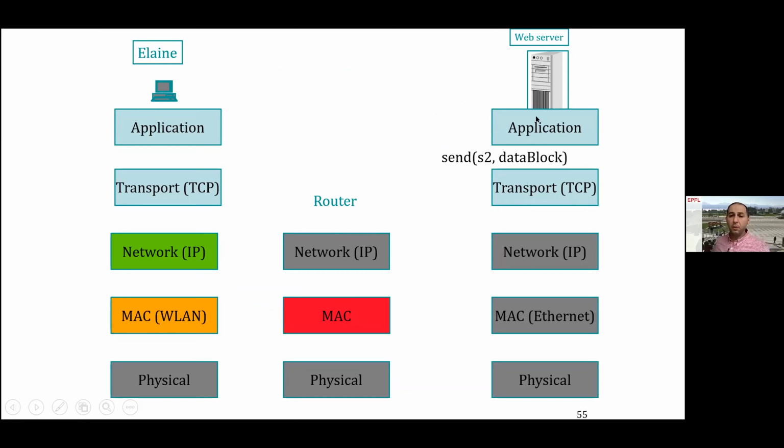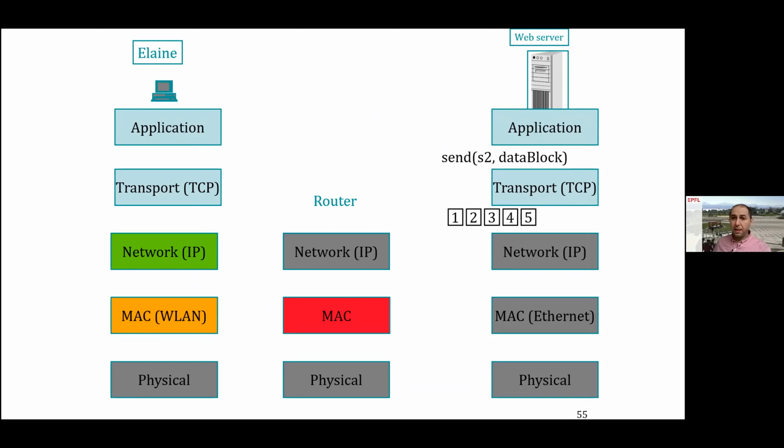The packet will go through the interface between the application and the transport simply by the send command that will deliver the whole data to the transport layer. And then the transport layer will deliver this communication service to the application and will put the data in a format that allows this data to be transferred on the network.